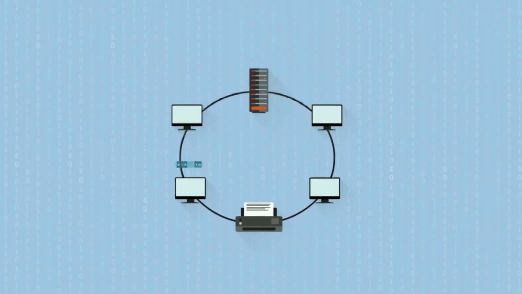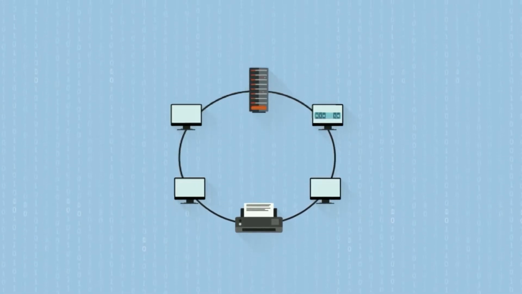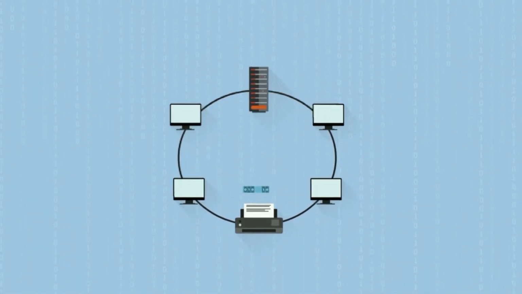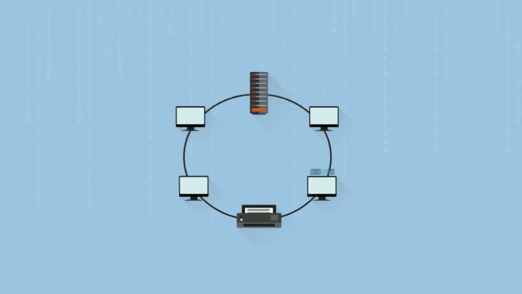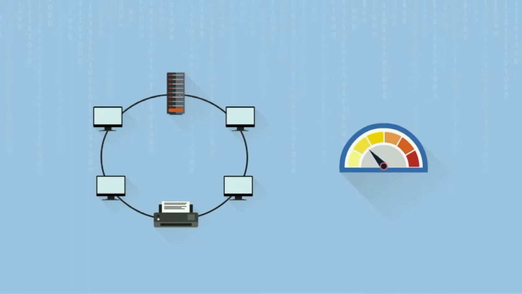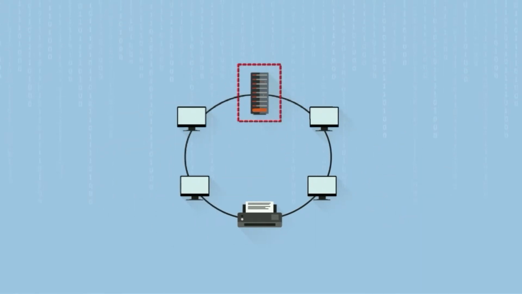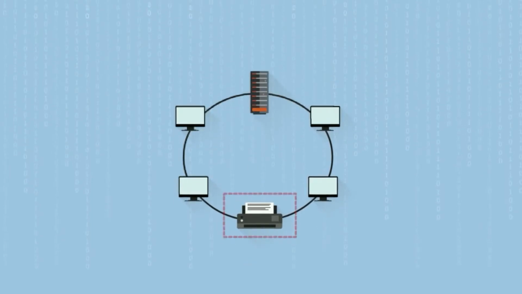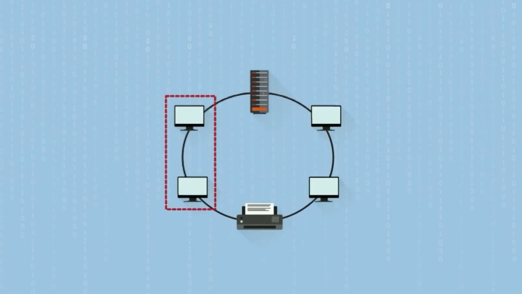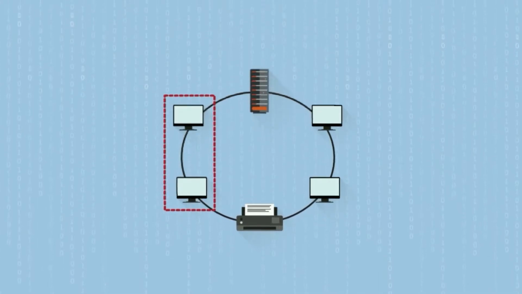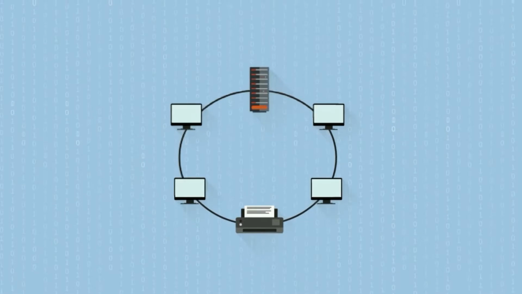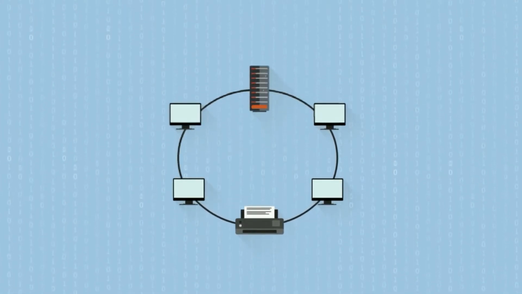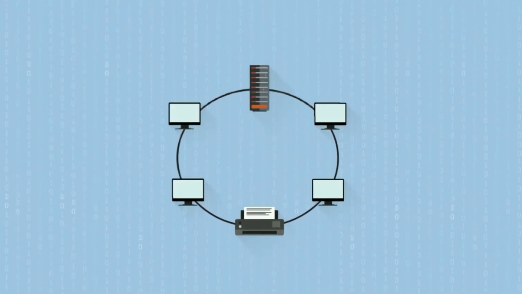So you have to pass the data from yourself to the next system, which then passes it to the next system, and so on and so on. So they aren't particularly fast. If, for example, that file server had to submit a print job to the network printer, it would have to go through the two computers in between to submit that job. So again, it's not particularly fast, and that's why you don't see rings very much anymore.